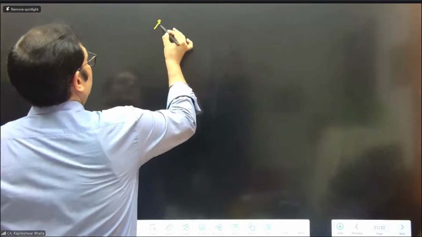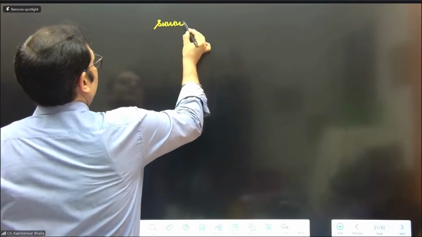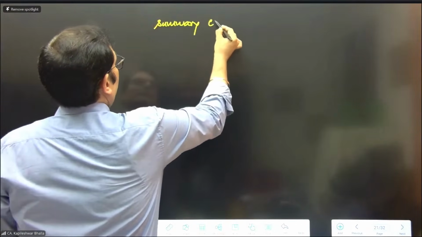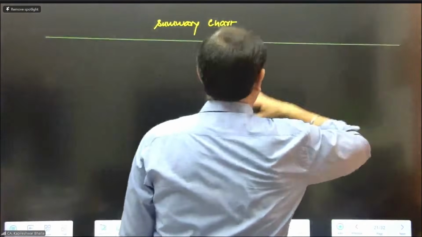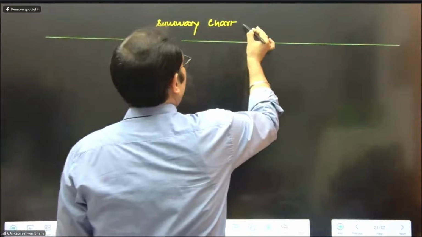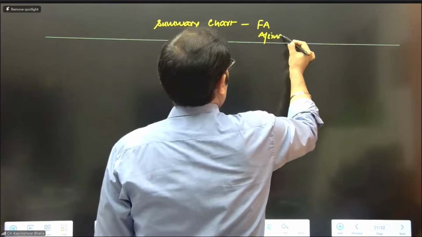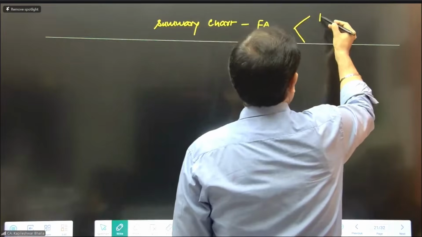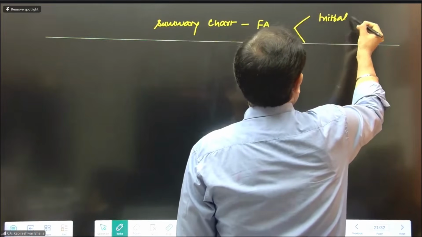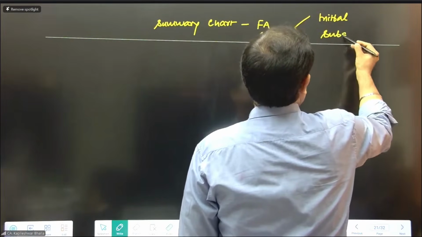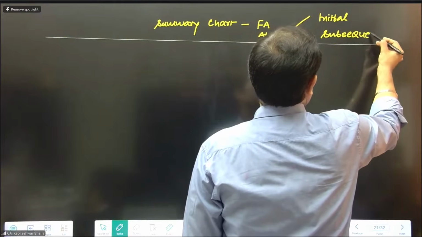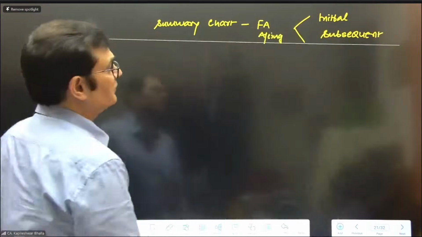Okay, great. So let's make a summary chart. This is for financial asset accounting, and I'm looking at initial as well as subsequent accounting, all the parameters.